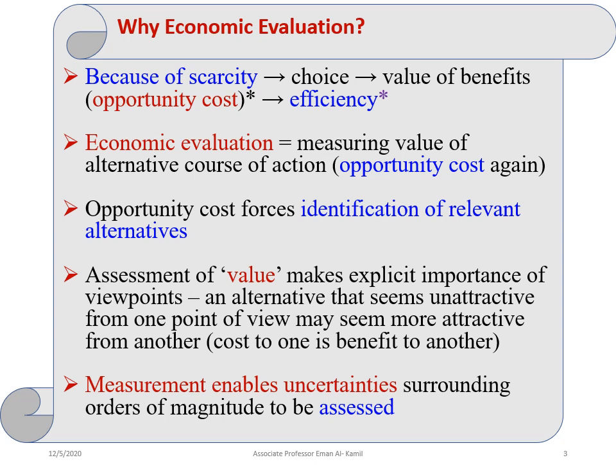So there is also the measurement of uncertainty, enabling the uncertainty surrounding orders of magnitude to be assessed. We mentioned that one of the criteria in health economics is the area of uncertainty. Sometimes we are uncertain which program will be better than the other, which one has more benefit, which one is more effective.